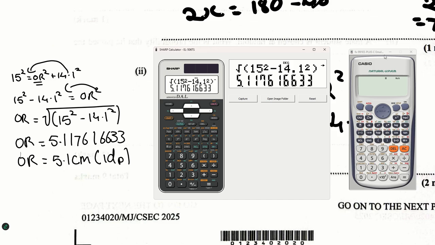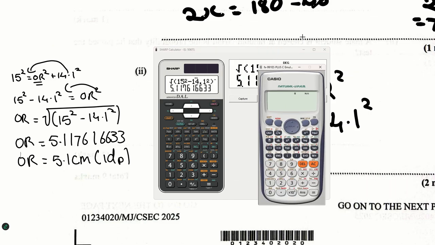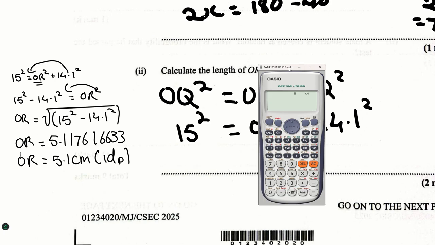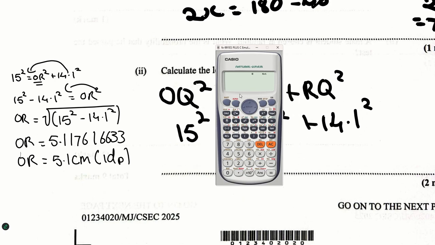Let's do it on the Casio now. Your Casio is actually programmed so that anything you type out, it's finding the square root of, right? So if you put 15 squared, you see how the square root is extending there?